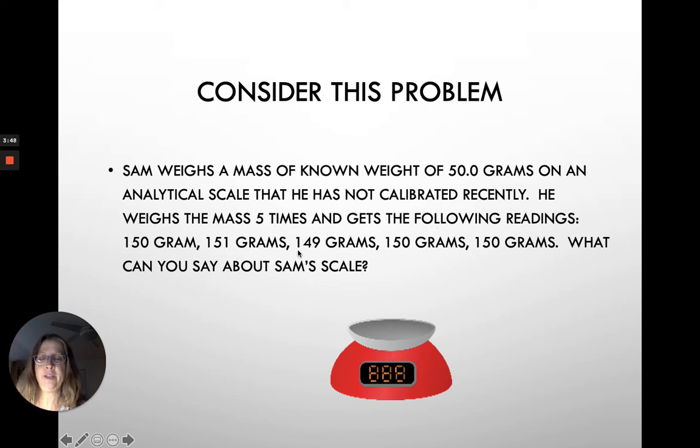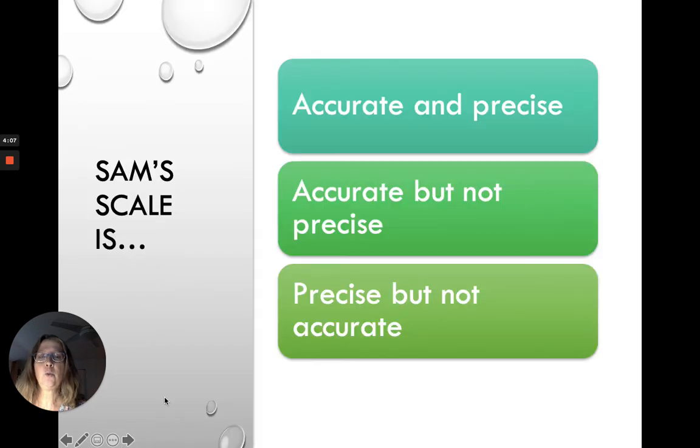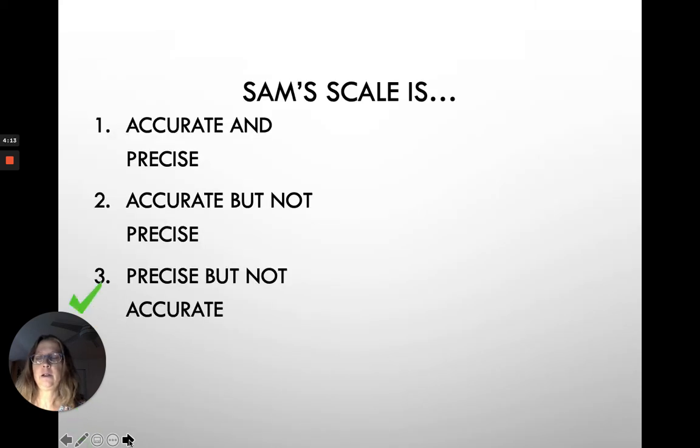Are any one of these measures accurate to 50 grams? No, it's not accurate. However, is this series of measurements similar to each other, really close together? Well, they're within 2 grams of each other, and it's 150 grams, so they're pretty precise. The series of measurements is close. So we would say Sam's scale is precise, because they're close together, but not accurate.